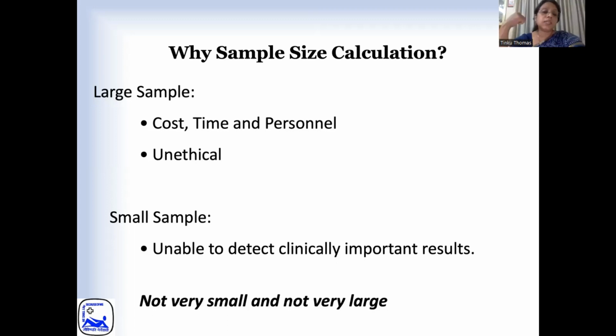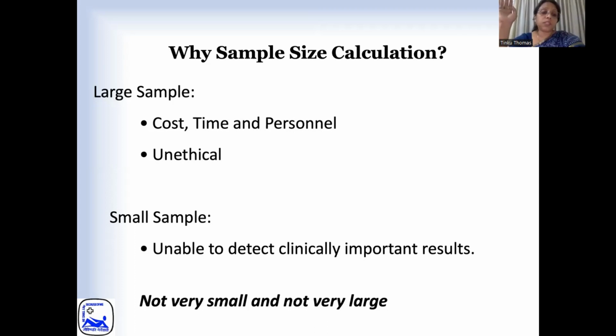And it is also unethical because you should not be putting your study subjects into any kind of unjustifiable trouble for the sake of your research. So it is very important to have an adequate sample size, but not too much also.